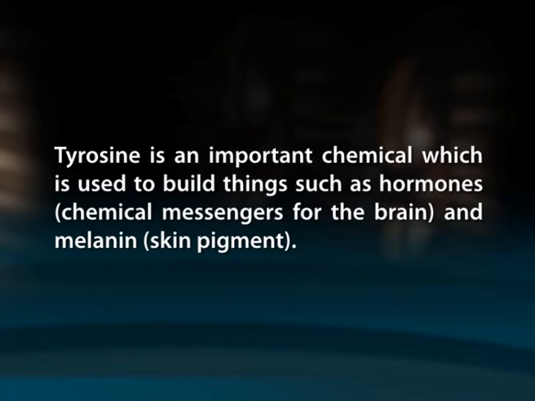Tyrosine is an important chemical which is used to build things such as hormones, which are chemical messengers for the brain, and melanin, which is a skin pigment. Because of their lack of phenylalanine hydroxylase, phenylketonuria patients are found to be lacking in tyrosine and the important hormones and chemicals that it builds. Due to the lack of melanin, untreated patients are described as having light pigmentation.